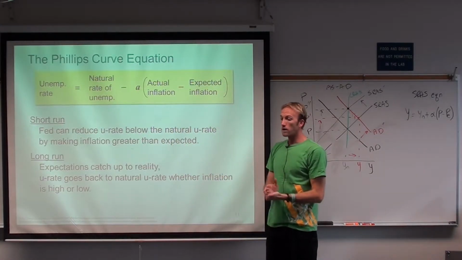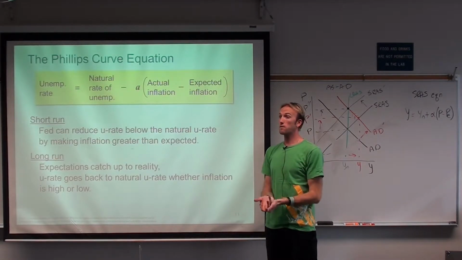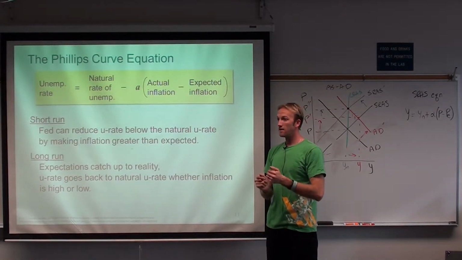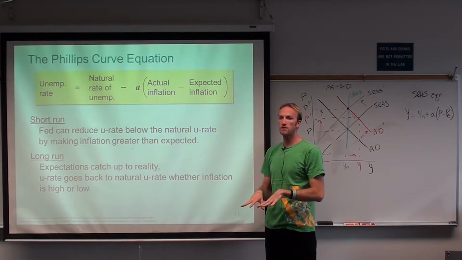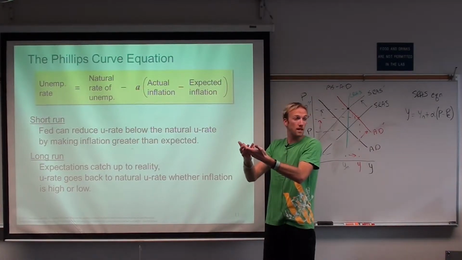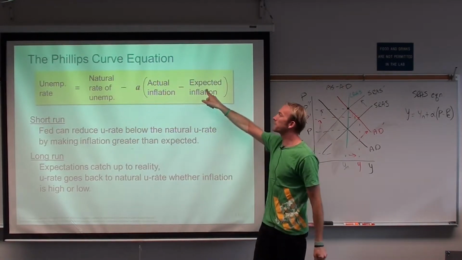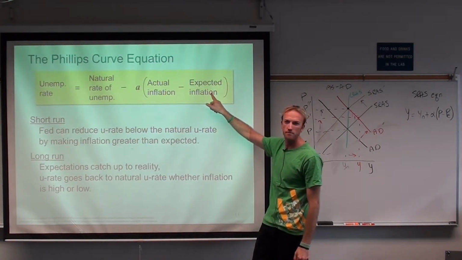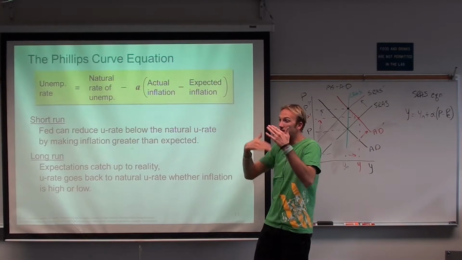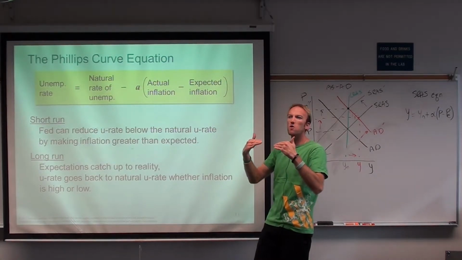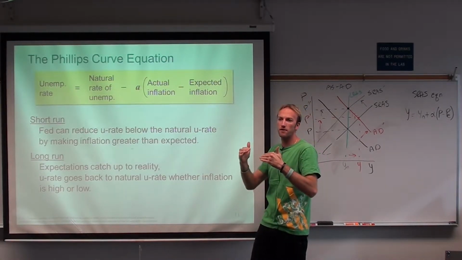So in 1961, maybe the inflation rate was 2%. And then the Fed injected some more money and made the inflation rate go up to 3%, which made the unemployment rate go down. But then the next year, what are people going to guess for their expected inflation? 3% or 3.5%, right? They're going to expect that the Fed's going to do that. So in order to surprise them again, what does the Fed have to do?